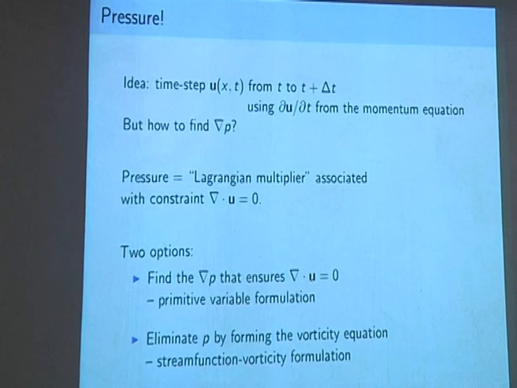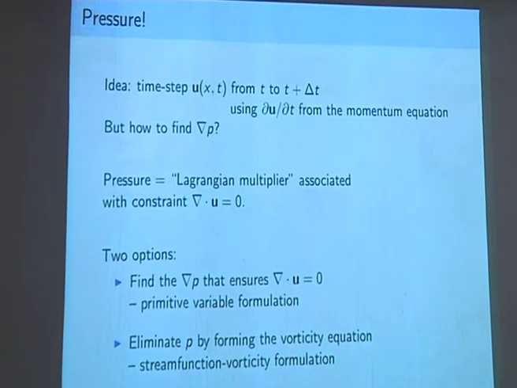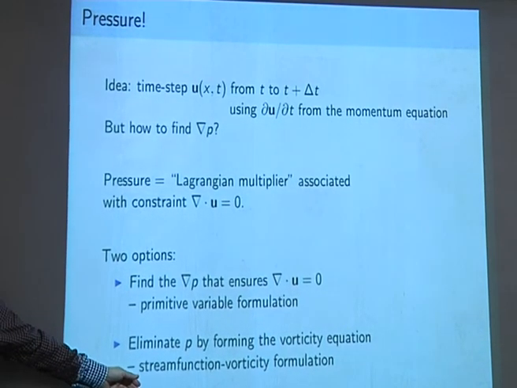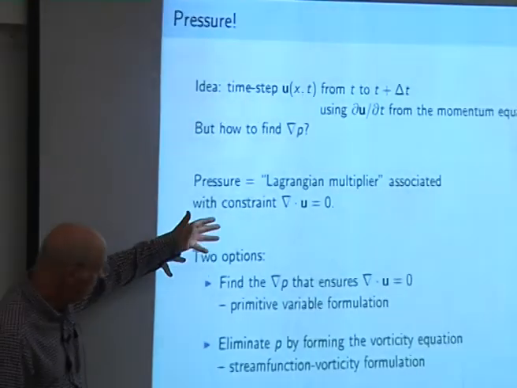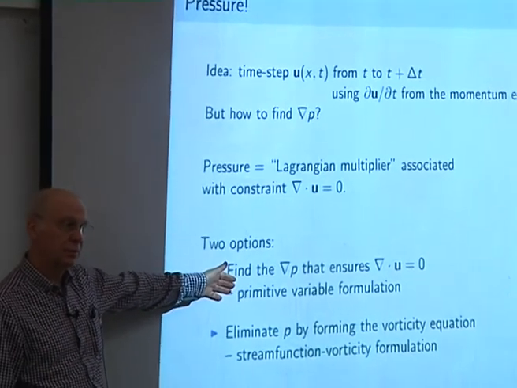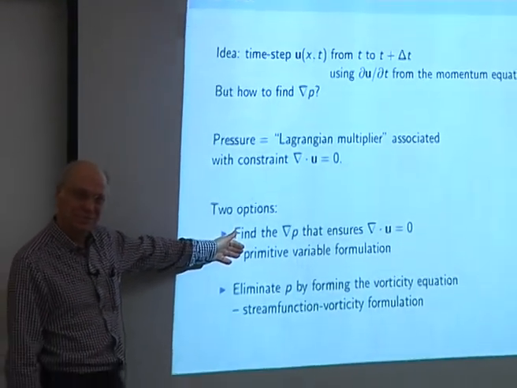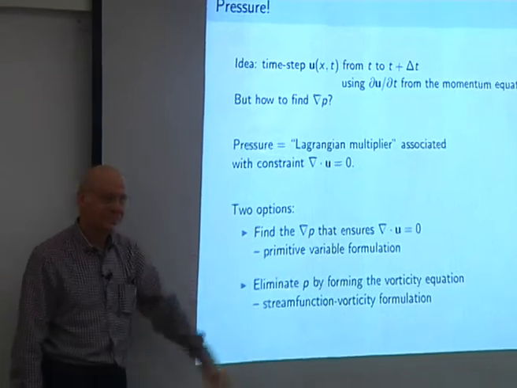And then if I take the curl of the momentum equation, I've got a vorticity equation. It doesn't mention the pressure, so I mean, it's fine, nearly. So that's the approach we're going to do this afternoon and tomorrow morning. And then tomorrow afternoon, we'll do the primitive variable approach. And it's much more difficult. So that's why I'm not doing it first.